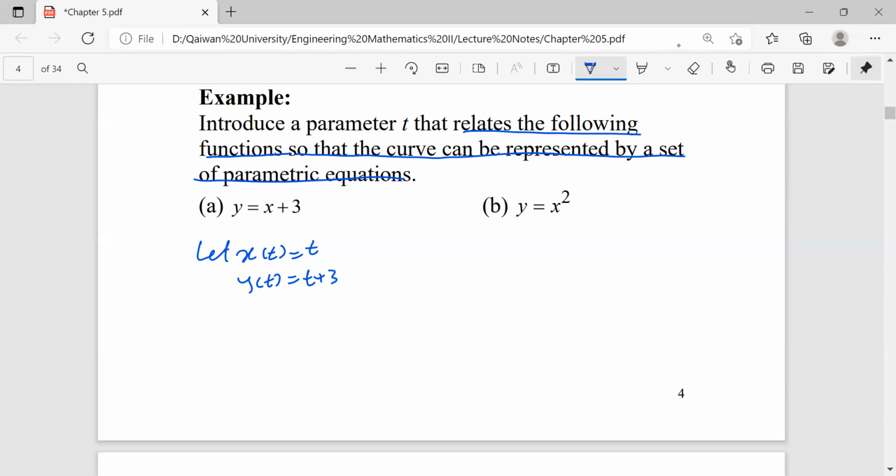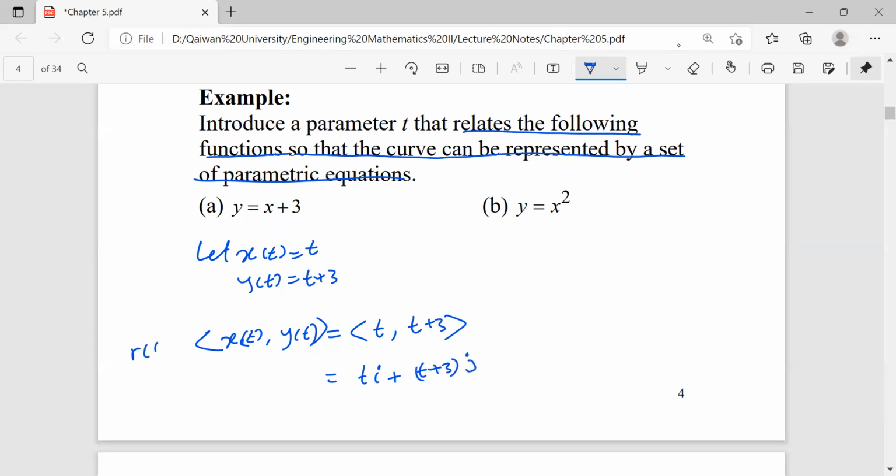Then the vector valued function is x of t and y of t. It equals t and t plus 3. Or you can write it as ti plus (t plus 3)j.